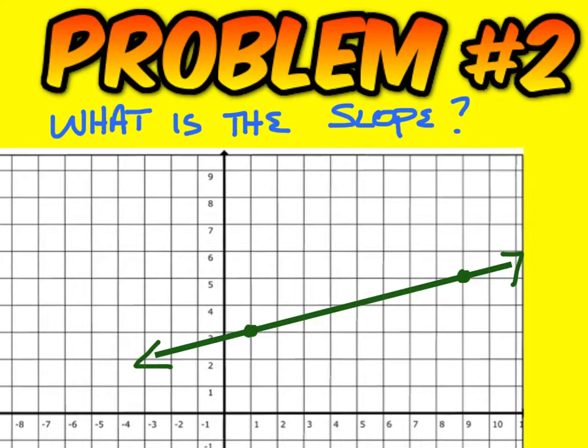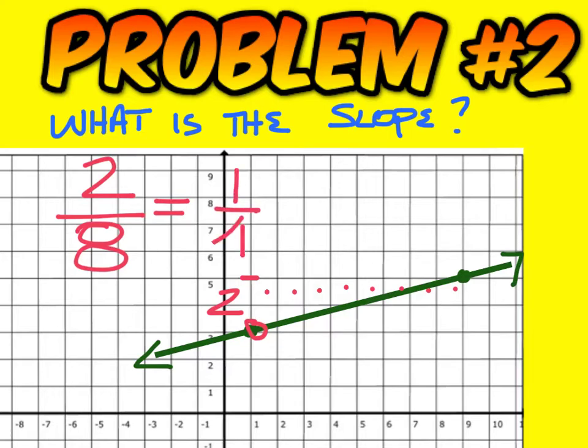On this problem, if you start with the first dot, you're going to go up 2. So you go up 2, and then to the right, 1, 2, 3, 4, 5, 6, 7, 8. 2 over 8 is the same as 1 over 4. You must simplify. Also remember I told you, don't bring up all this stuff.